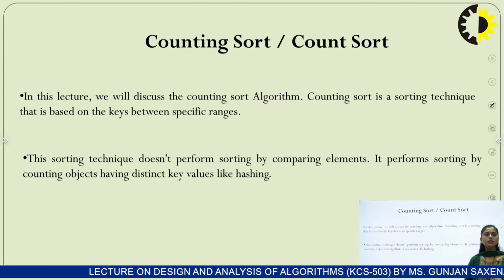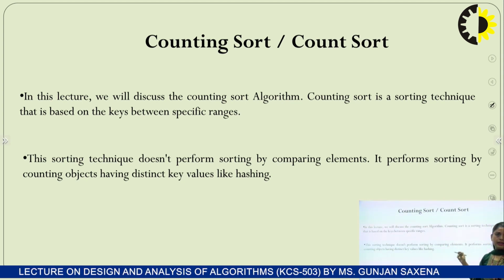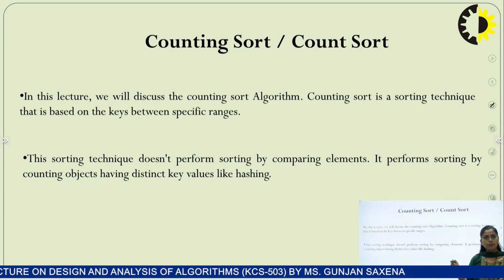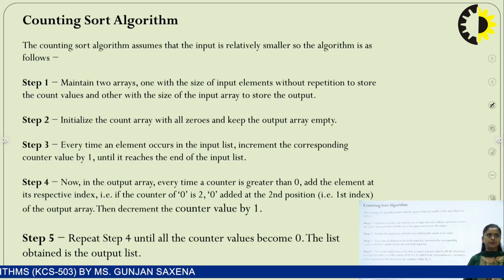But in counting sort, there is no comparing of any elements, so this is not a comparison algorithm. It performs sorting by counting objects having distinct key values in the given array, like a hashing technique.